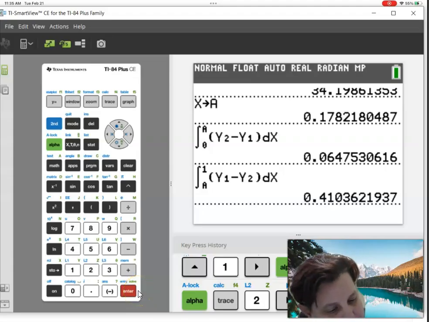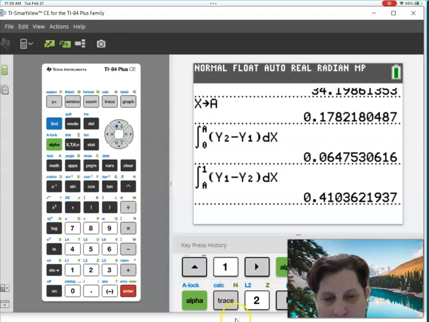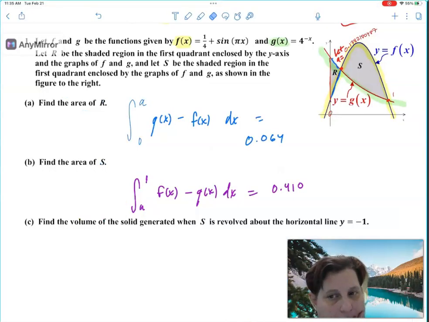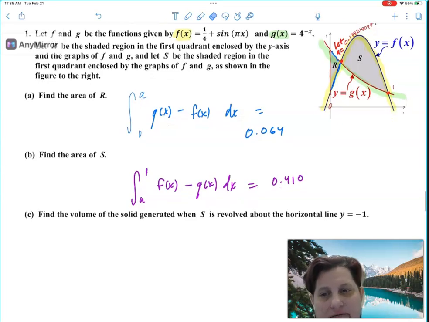Okay, and I get 0.41036, blah, blah, blah. Okay, so just go to like 3 decimal places there.